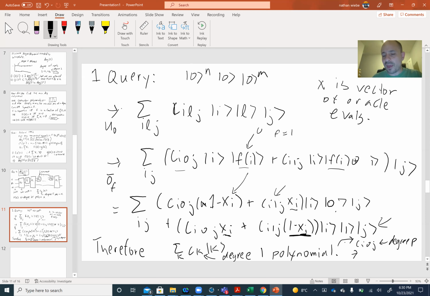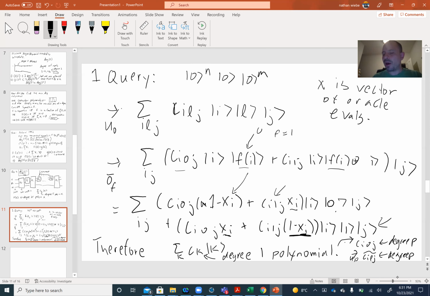Because the unitary transformation just leads to a sum of all of those different coefficients, this is going to lead to a different distribution of c_i'j's that are all also of degree p, because the sum of polynomials doesn't change the degree of the underlying polynomials. A unitary transformation just sums together all of the elements that it's acting on with different weights. So therefore, we have a degree p polynomial.